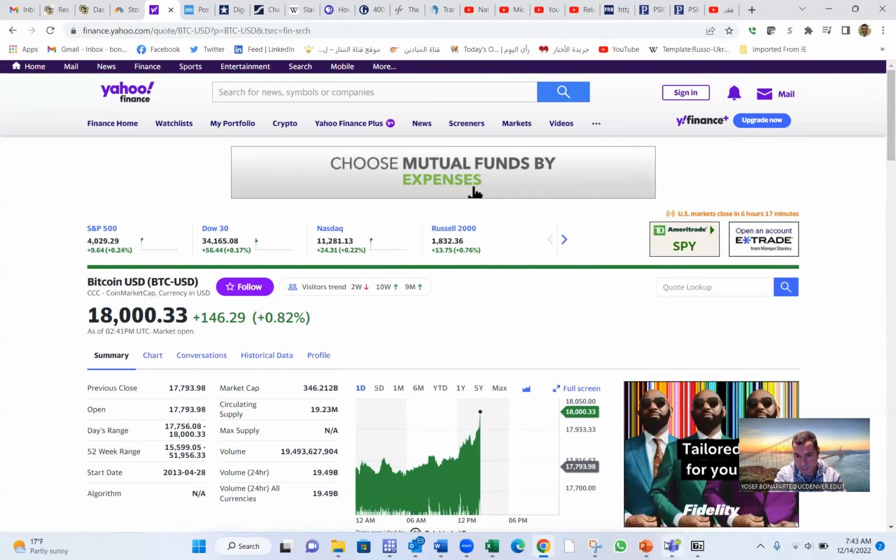Now, if the price opened low and closed at a higher price, then it becomes a green candle. If in this time interval the candle was red, that means the open price is higher than the close price.